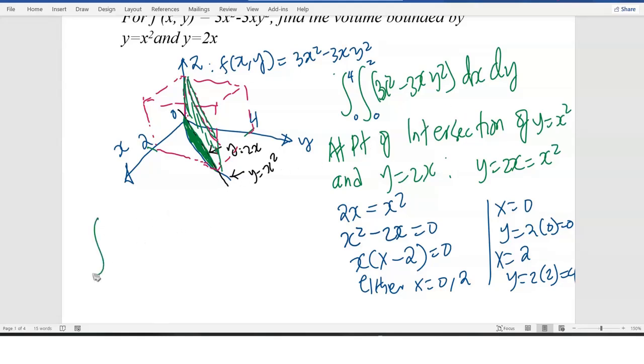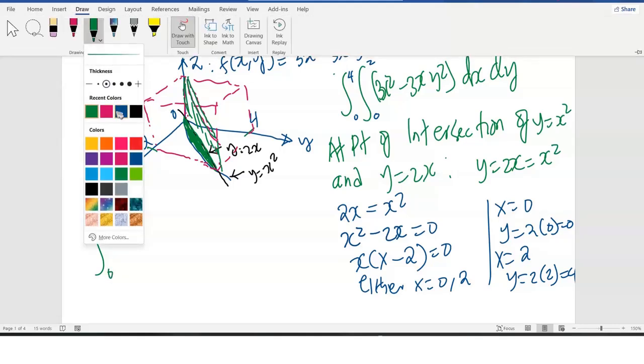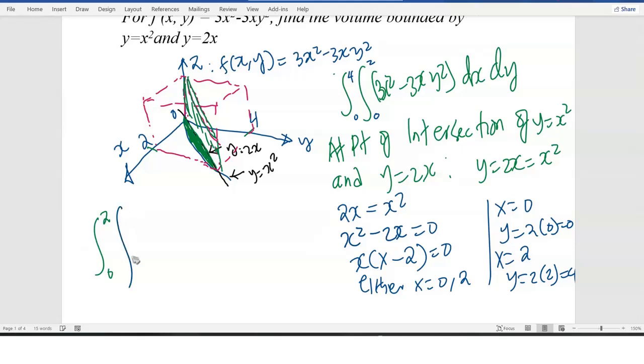I'm saying if I integrate from 0 to 2, that means the x limits are going to remain constant, then those of y are going to change. And this is what we are going to do.